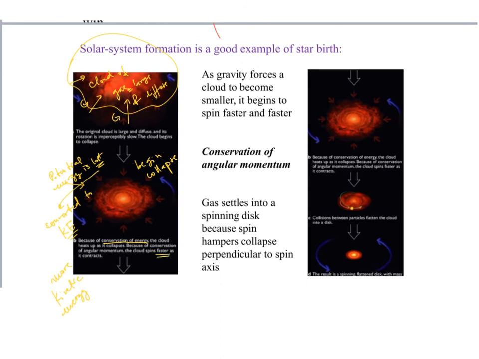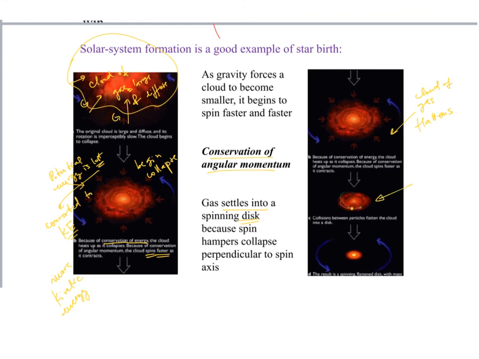And also the spin is going to be faster and faster thanks to the conservation of angular momentum. So pretty much what happens to the skater when they pull the arms in, right? And that little tutu becomes flat like a disc. That's exactly what's going to happen here. So the cloud of gas flattens. The gas settles into a spinning disk because the spin hampers the collapse perpendicular to the spin axis.